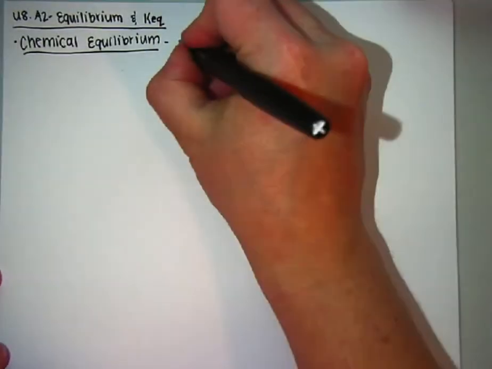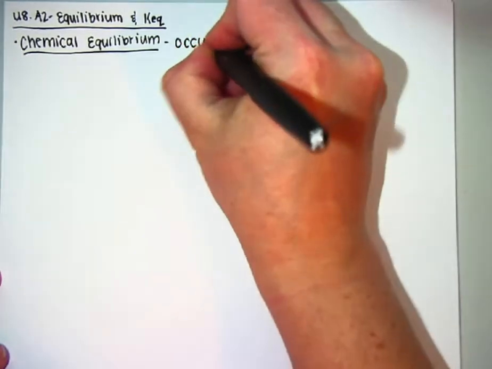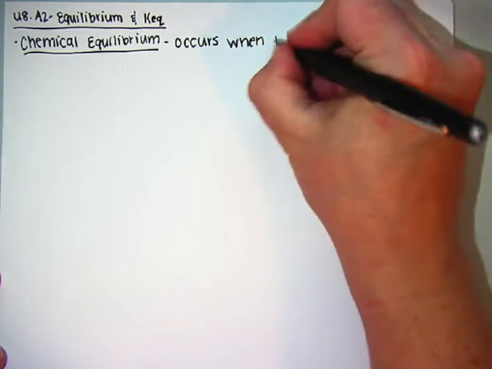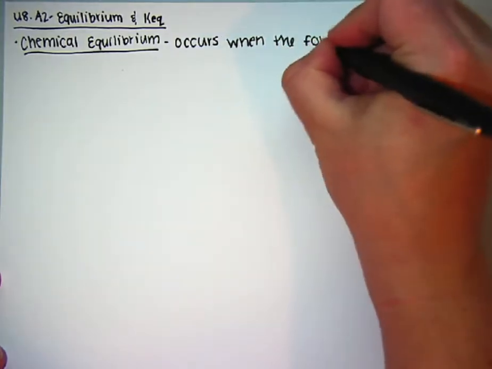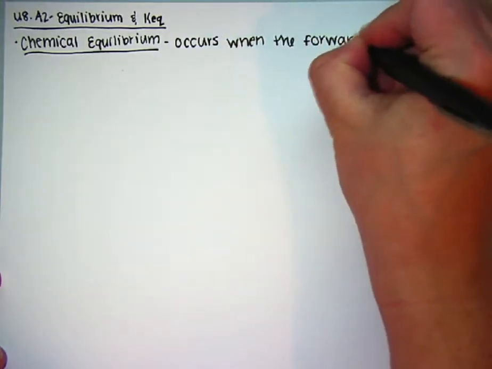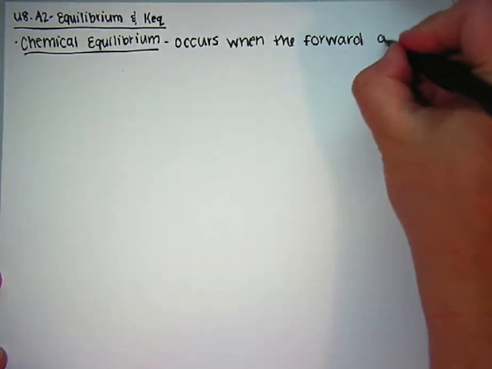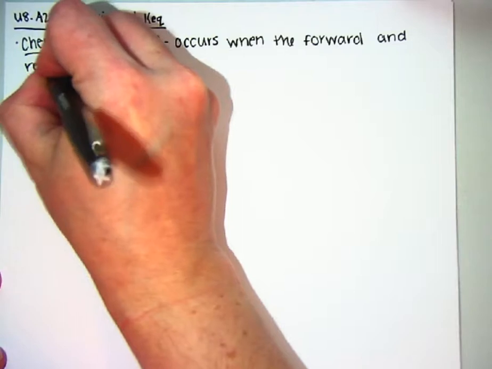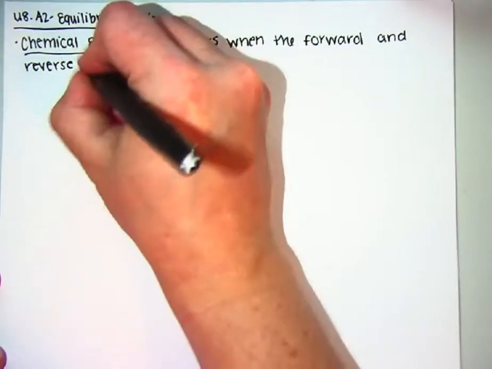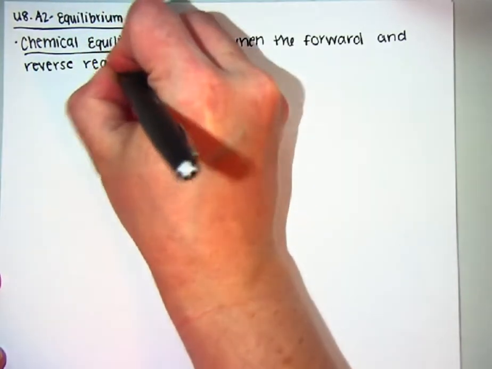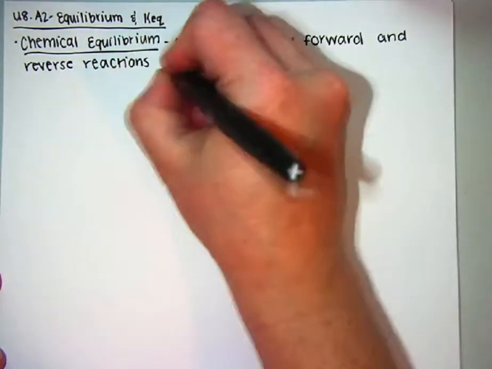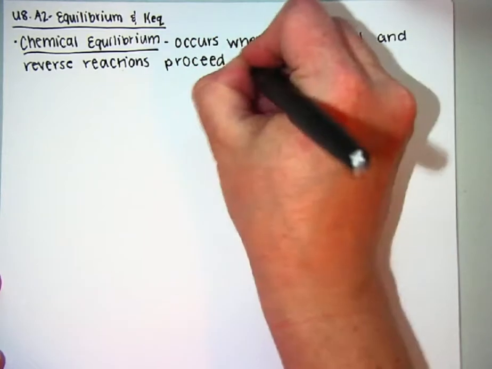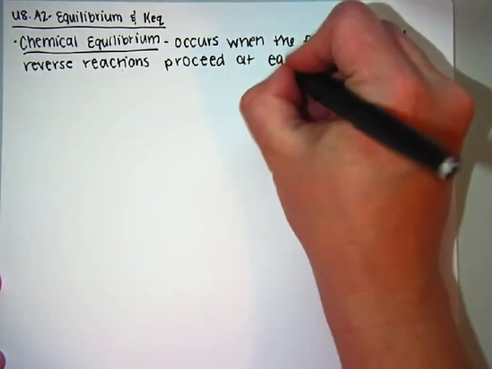Chemical equilibrium occurs when the forward and reverse reactions proceed at equal rates.